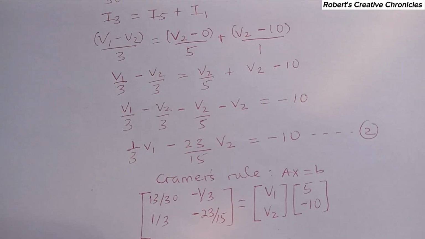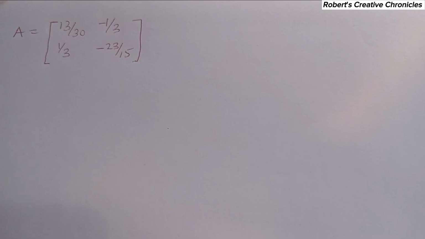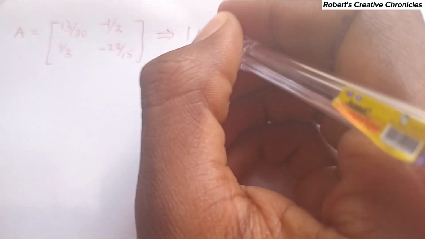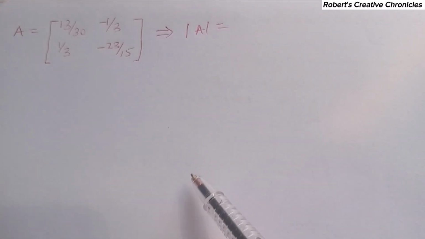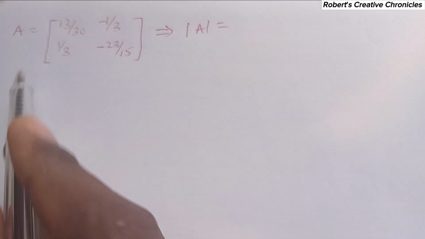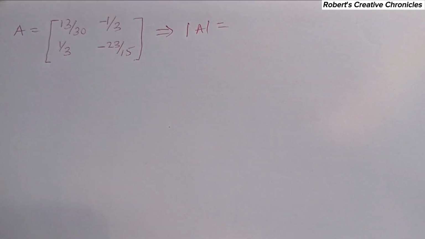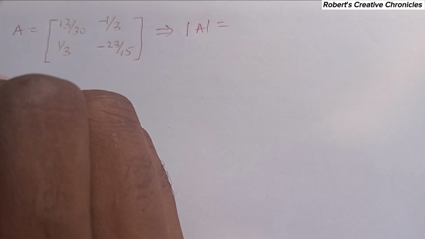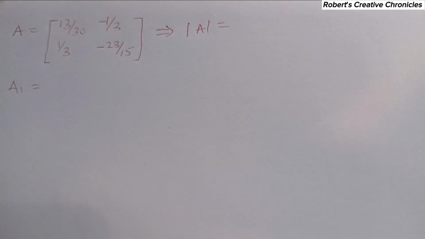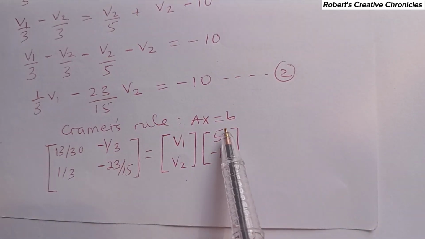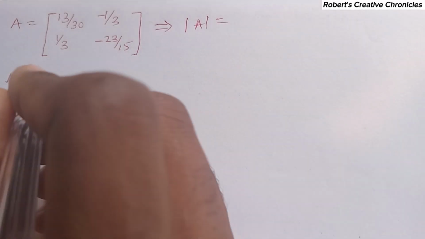So we will now proceed. So here is A, then we'll find the determinant of A using the calculator. But first let's write A1 and A2. So A1, you replace the first column with this, 5 and negative 10.